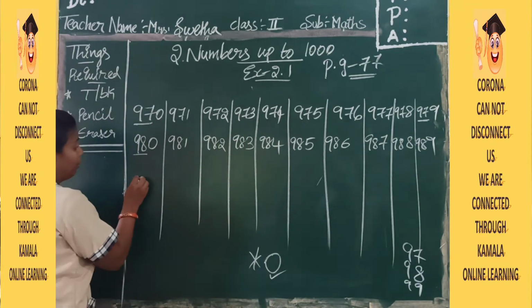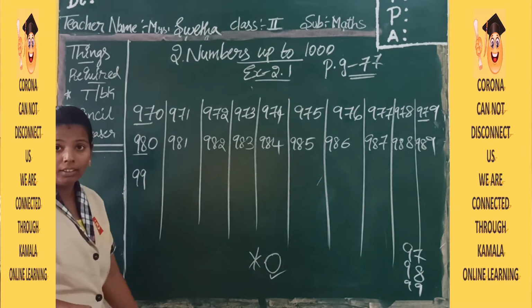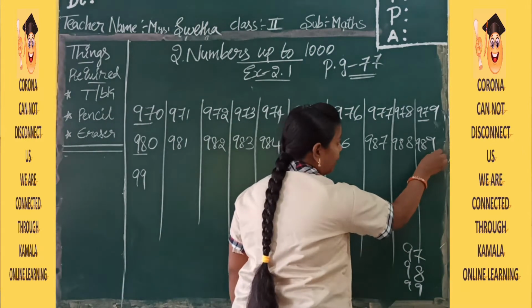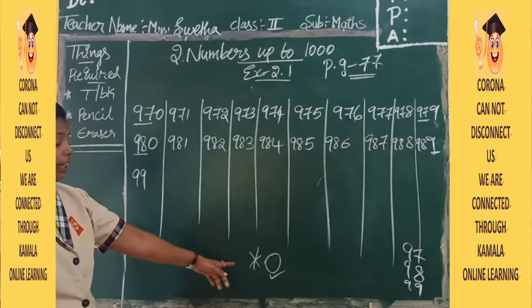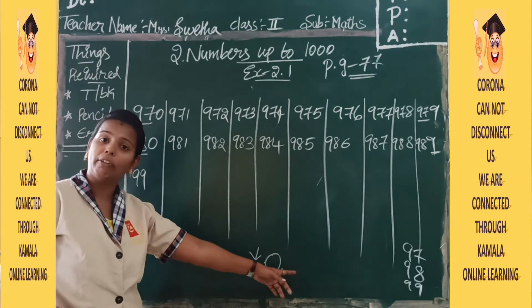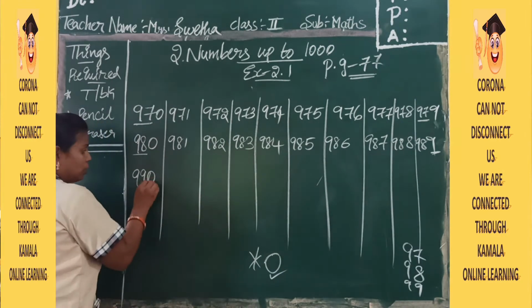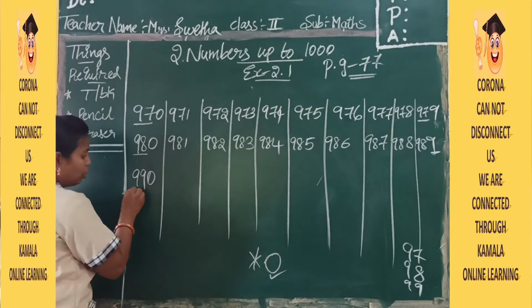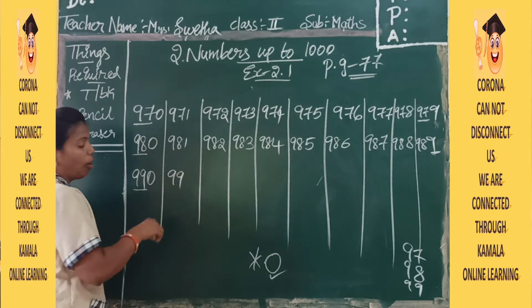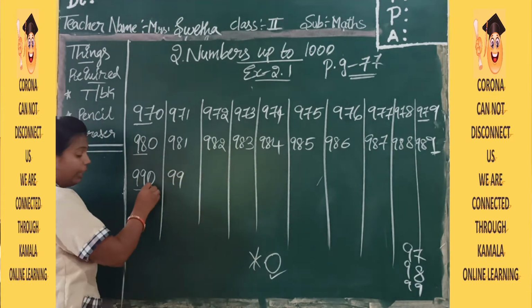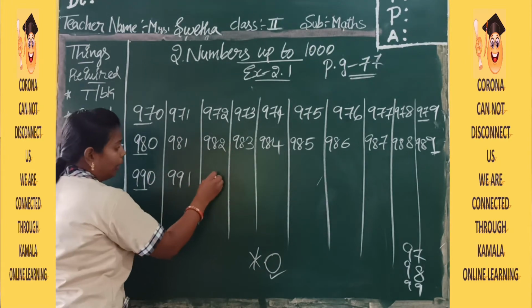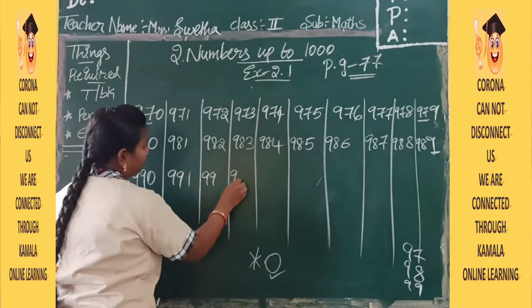So your next number will be 99. Then after 9, what will you get? Again 10, but you should not take 10, you take 0. So this 99 you take as the common number, then 0, after that the 1 to 9 numbers.